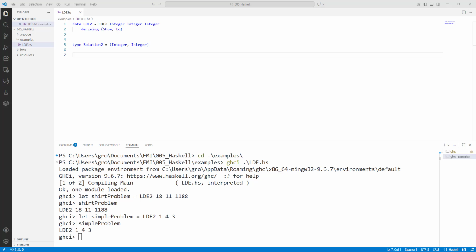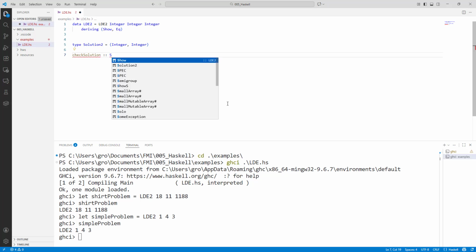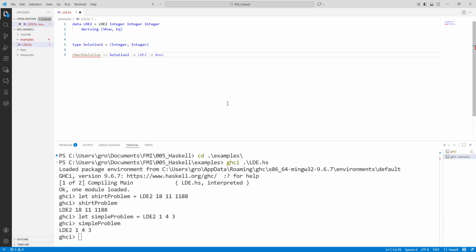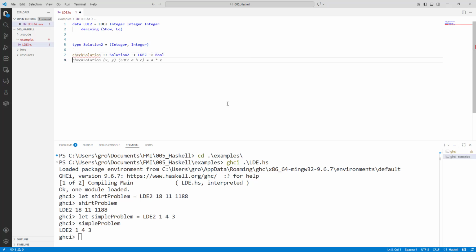It's like a contract for a function. So it would be checkSolution, and here we use the double colon. These 2 colons always stand for "is a" or "is of type". So Solution2, then LD2, and then Bool. Wow, it's actually quite useful.